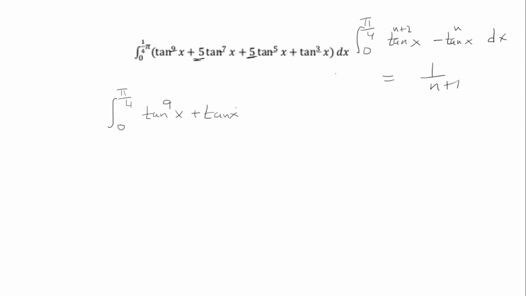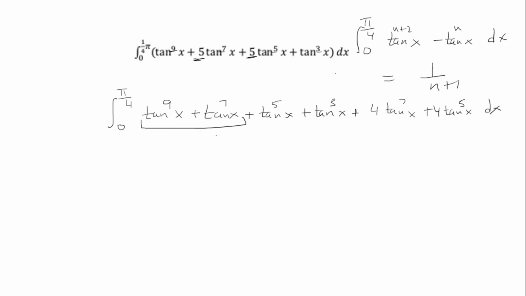So let's ignore the 5s for just a second. So at this point, we can easily use the formula and be done with it. But we will be missing 4 tangent to the 7th plus 4 tangent to the 5th. So we're just going to add them to the end. All right, so now these two integrals are equivalent. Okay. So the key to doing this is to group them.